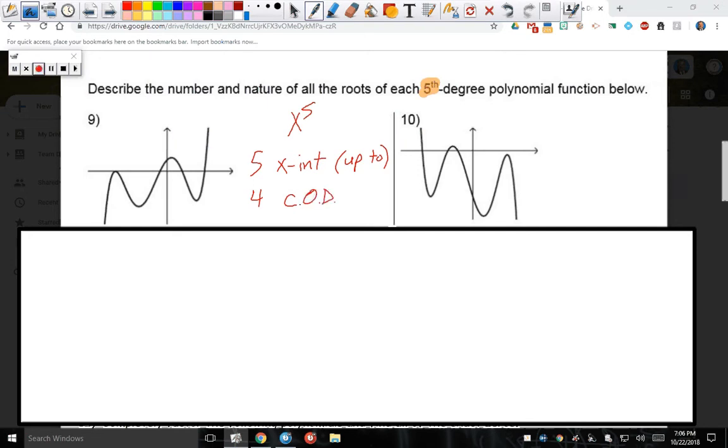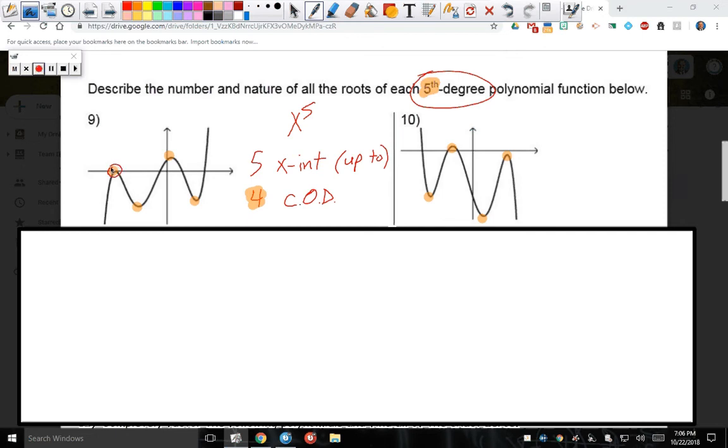Okay? So up to 4 are possible, and here we can count 1, 2, 3, and 4. The same over here, 1, 2, 3, and 4. So both of them are in fact fifth degree polynomials, and we're just going to describe the number and nature of all the roots.